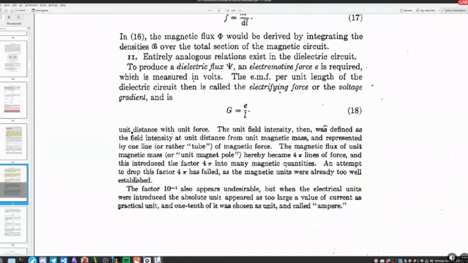Entirely analogous relations exist in the dielectric circuit. To produce a dielectric flux psi, an electromotive force E is required, which is measured in volts. The EMF per unit length of the dielectric circuit then is called the electrifying force, or the voltage gradient, and is G equals E over L.